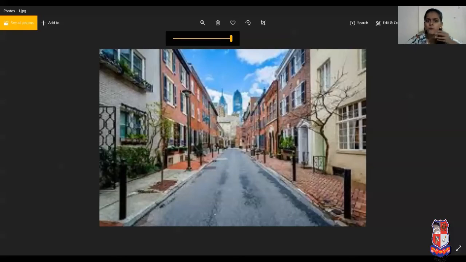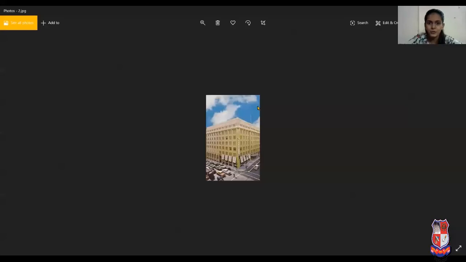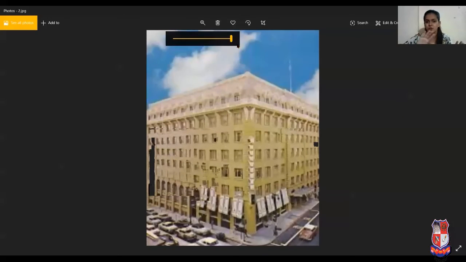So if you are walking in a street and looking lengthwise, then it's a 1-point perspective view. Now suppose you are at the corner of any street and you look at a building like this. It means you can see both sides of the street. You can see the length also and the width also.